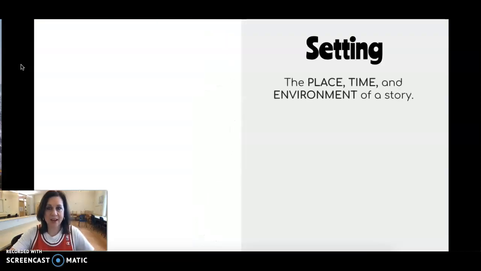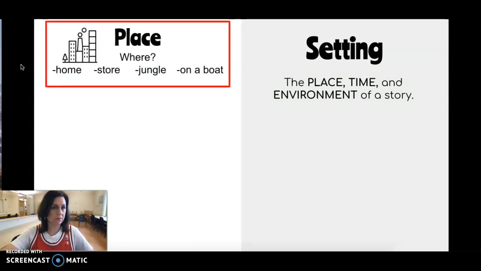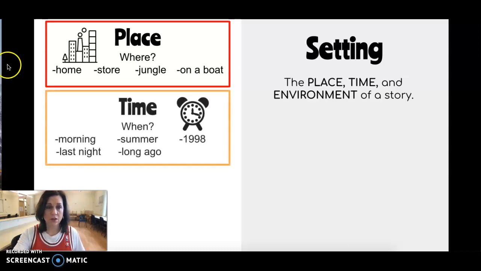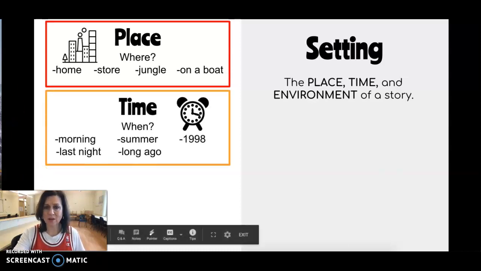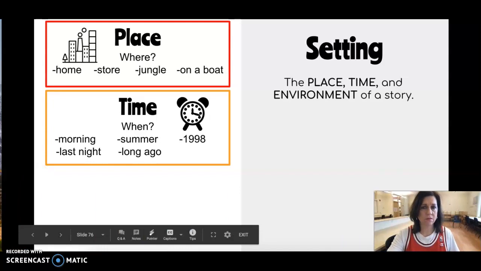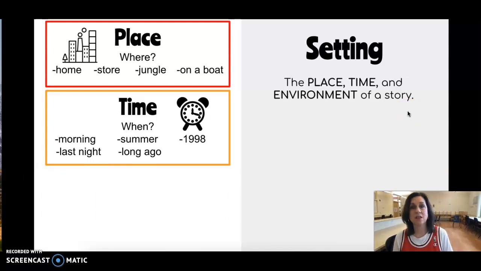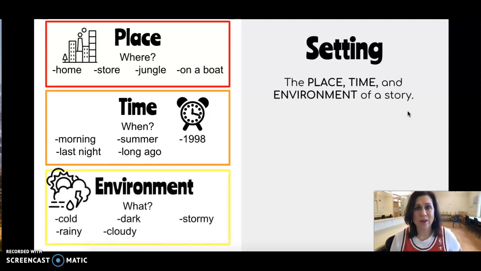Okay, so setting: the place, time, and the environment of a story. Place: well, where? Home? Store? Jungle? On a boat? Your time: when did that happen? Morning, last night, summer, long ago, 1998? You guys weren't even born in 1998.